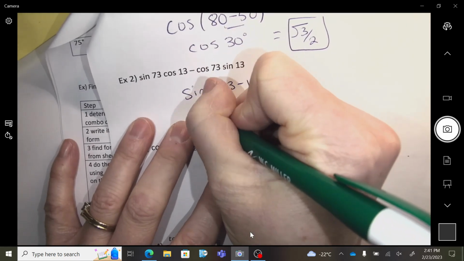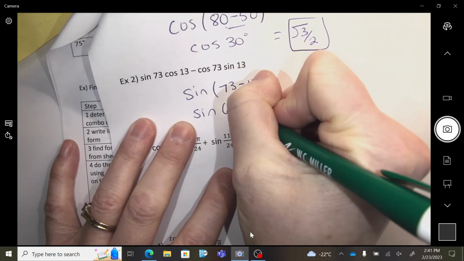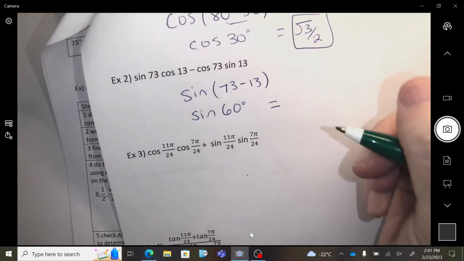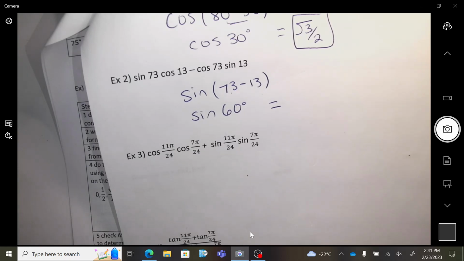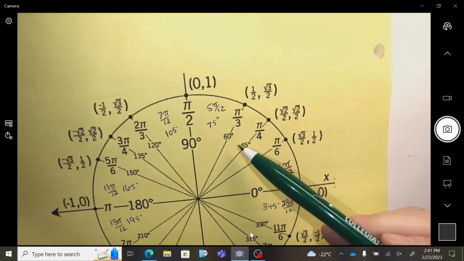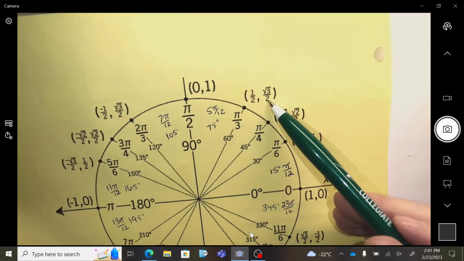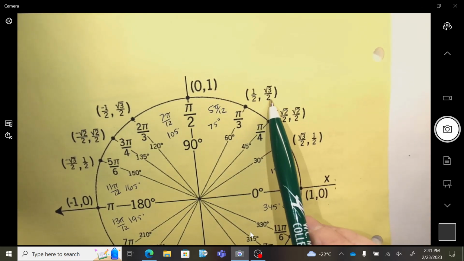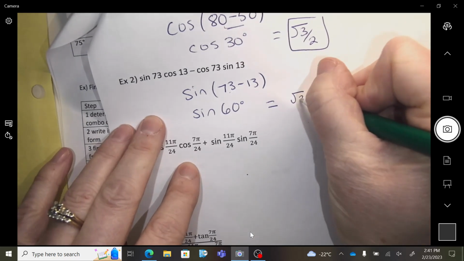Then 73 minus 13 would be 60. And that means I go to my unit circle and I go to 60. And what is the y value? Sine is the y. So it's root 3 over 2.